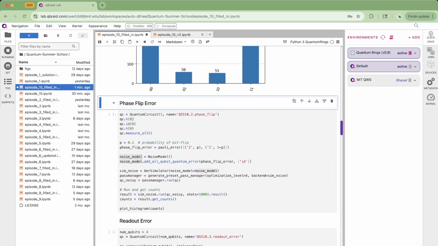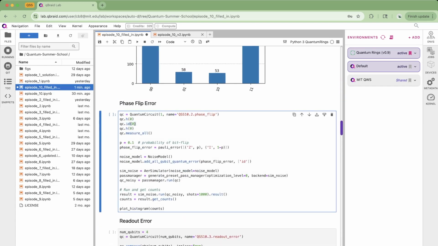We can also have phase flip errors. We can apply a Hadamard gate, then put an identity here, which is where an error can occur, and then another Hadamard gate. In the absence of errors, you apply a Hadamard and then another Hadamard, and you should end up back in the 0 state.